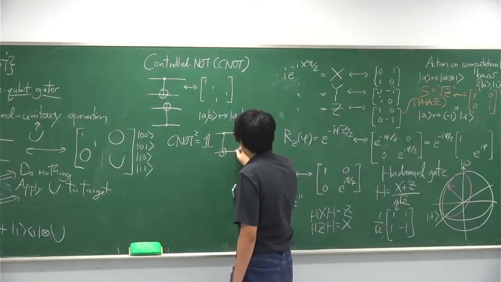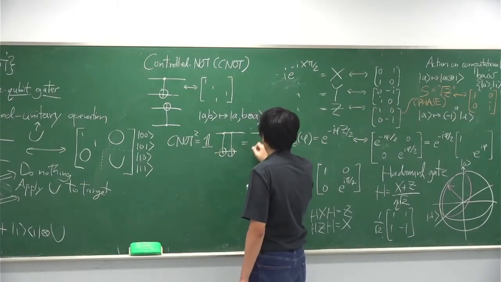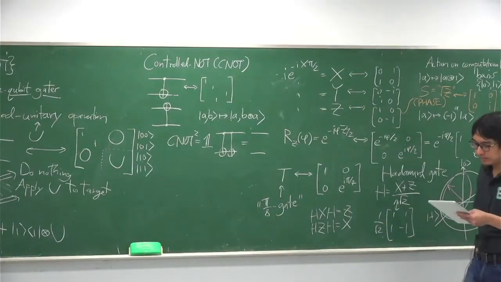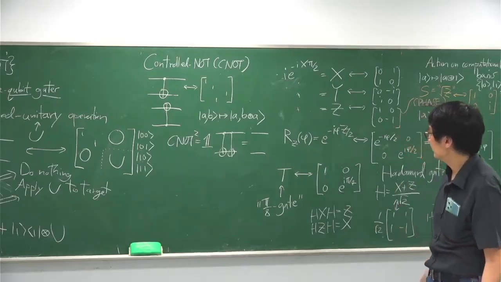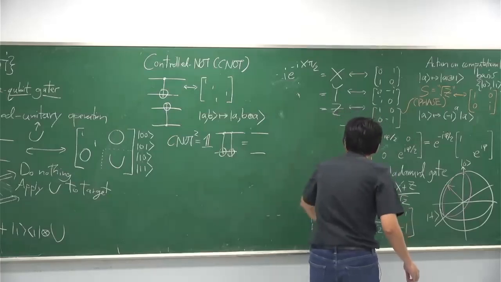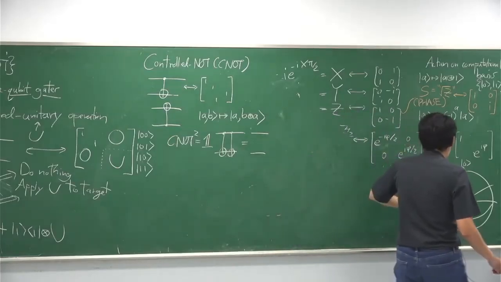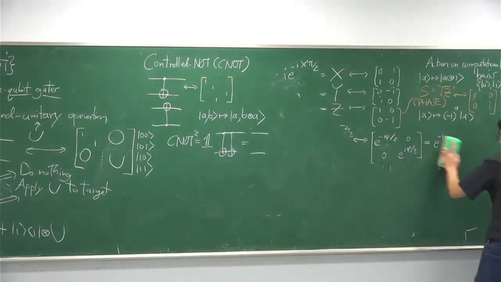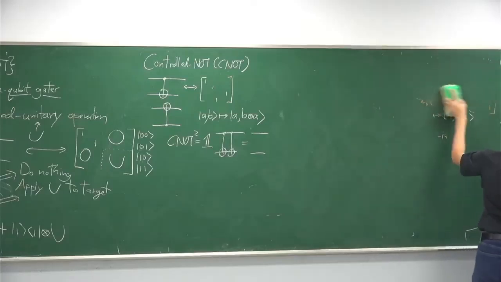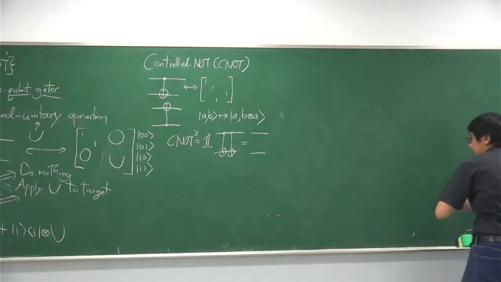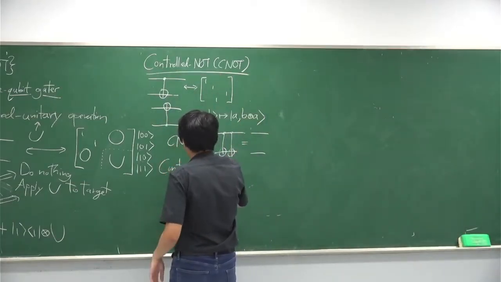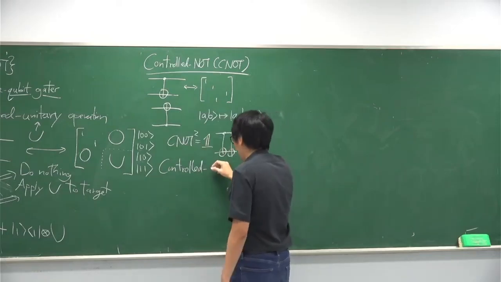And this translates to a circuit identity like this. Another gate is control Z, or C phase, control phase.